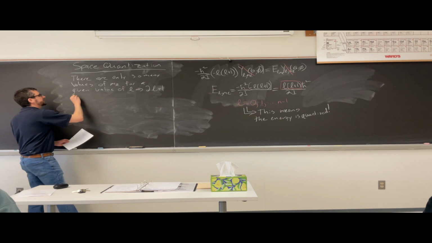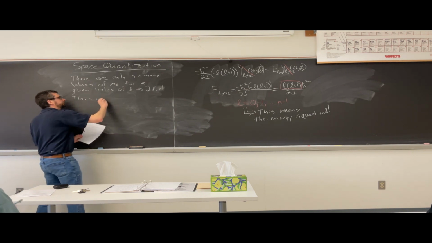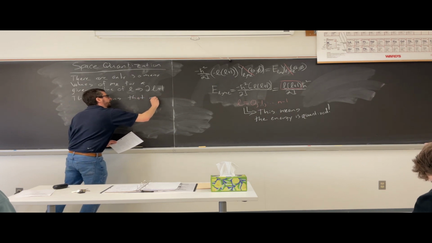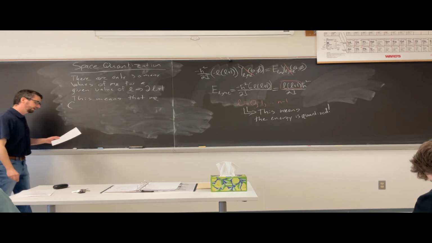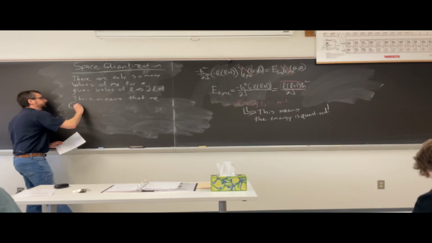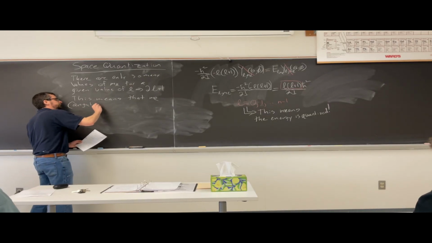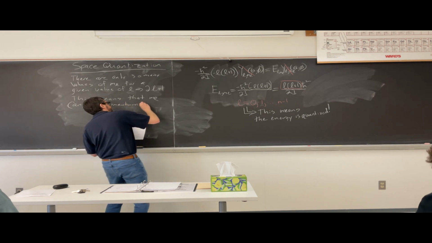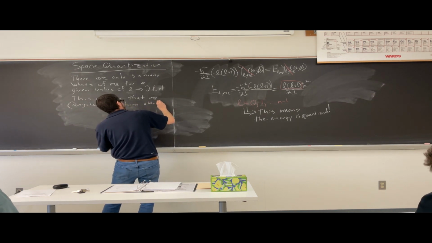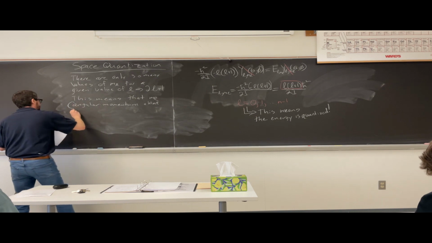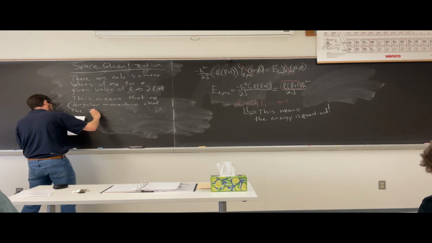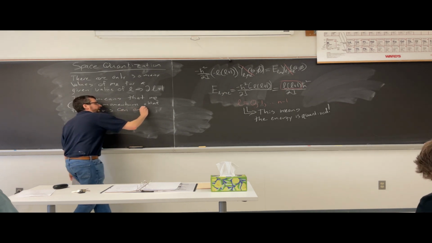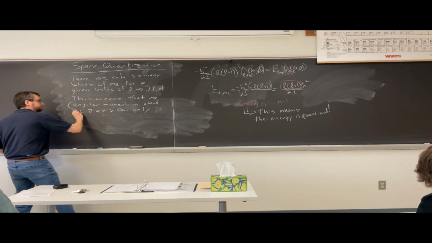So this means that M sub L, the angular momentum about the z-axis, can only have certain values.